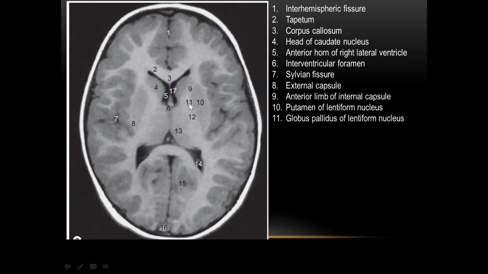Number 12, posterior limb of the internal capsule. Number 13, the left thalamus. Number 14, the choroid plexus of the left lateral ventricle.